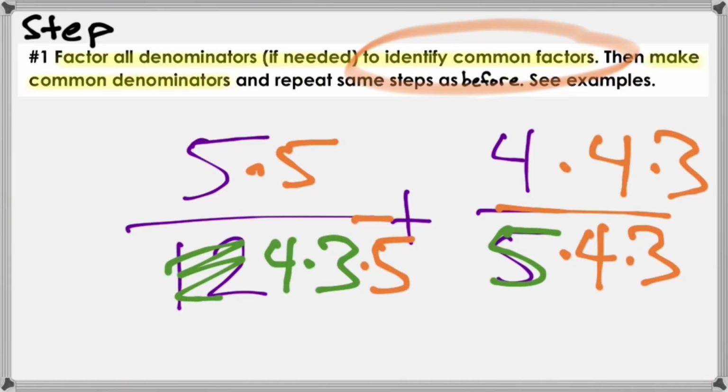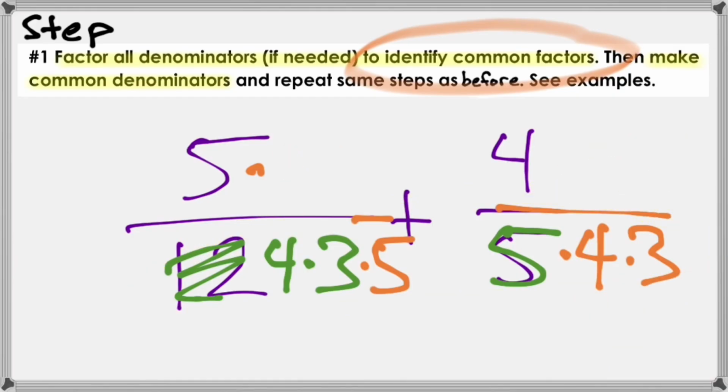I just want you to take note of the fact that the original denominator said 12, which has 4 and 3 as its factors, or even 2 times 2 times 3. But the other denominator being a 5, it did not have the same factors. In order to do this procedure, you need both of your denominators to have the exact same factors. They don't have to be in the same order, but they have to be the same factors.